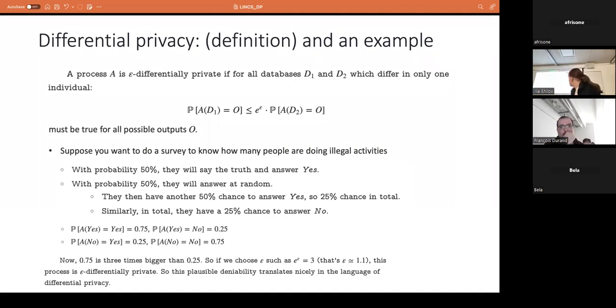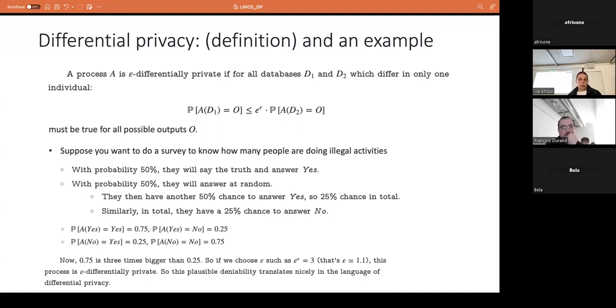So the example is, first I explain the definition in a little bit simpler terms, so that it's obvious what we are doing, and then I give an example where we have some numbers already, and that's where we have epsilon 1.1 in this example. Basically, imagine that you are making a survey: are you doing some illegal activities? And you throw a coin. With probability 50%, your respondents will say the truth.